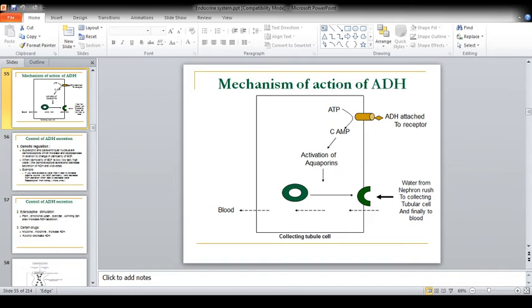And certain drugs such as nicotine and morphine increase ADH secretion, whereas alcohol decreases ADH. That is why in alcohol drinkers the urine production is too much. There is dilute urine in huge quantities in alcohol abusers. It is because of this reason that the ADH secretion gets inhibited.